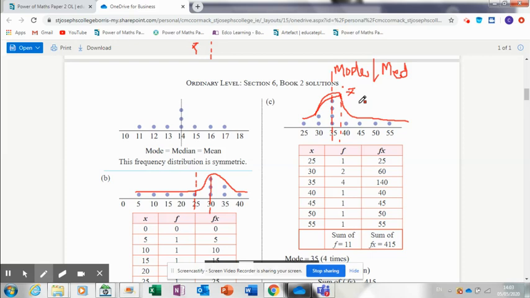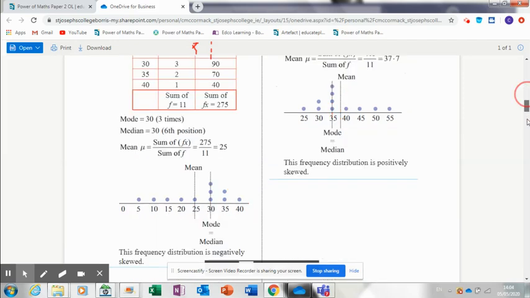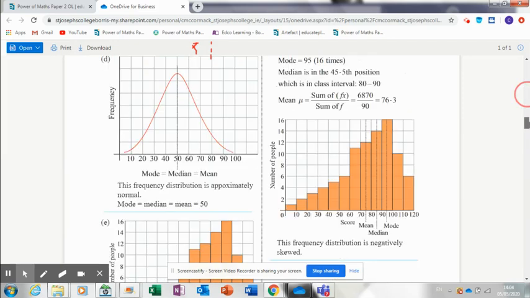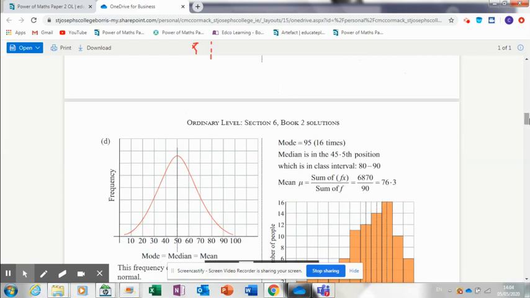Now, the next one then, part D. Right, part D. What are we asked in part D? You're given this graph, right? It's a normal distribution, right?